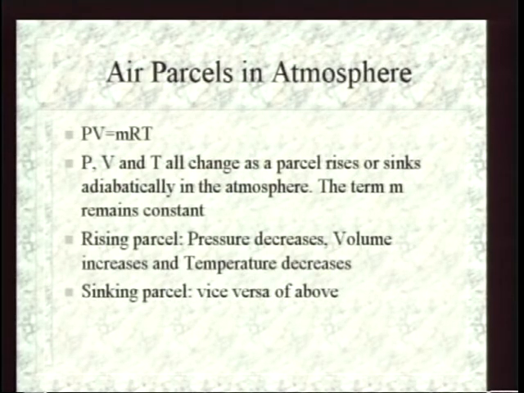The pressure, the volume, and the temperature are all going to change as the parcel rises or sinks adiabatically in the atmosphere. And the term M will remain constant since we're assuming adiabatic conditions where there's no heat, mass, or momentum flowing into the parcel or out of the parcel.